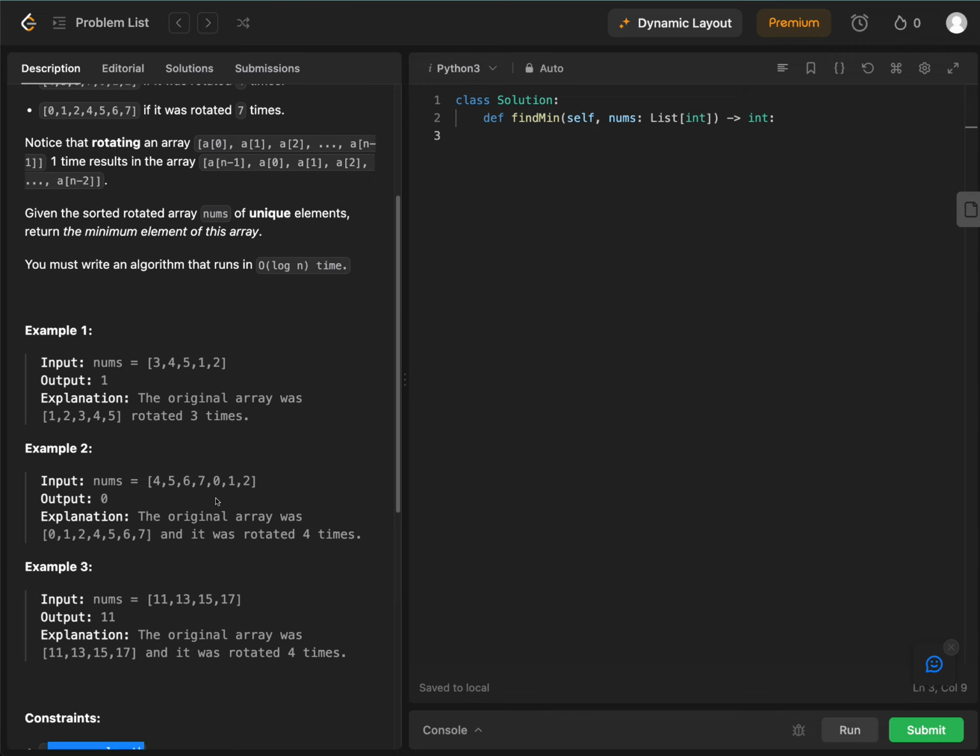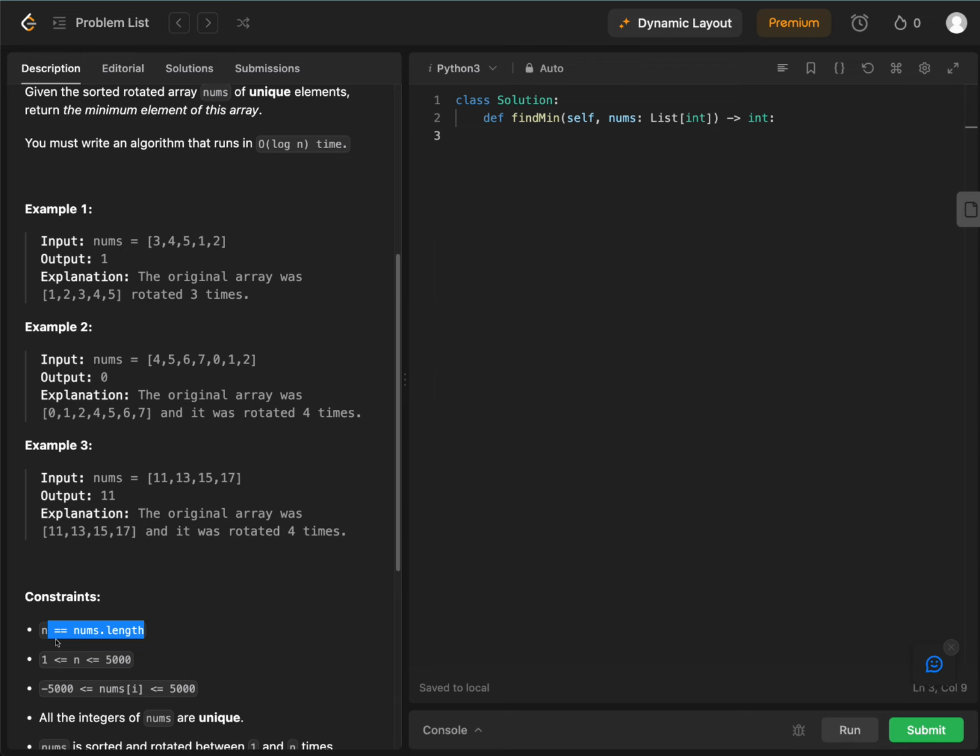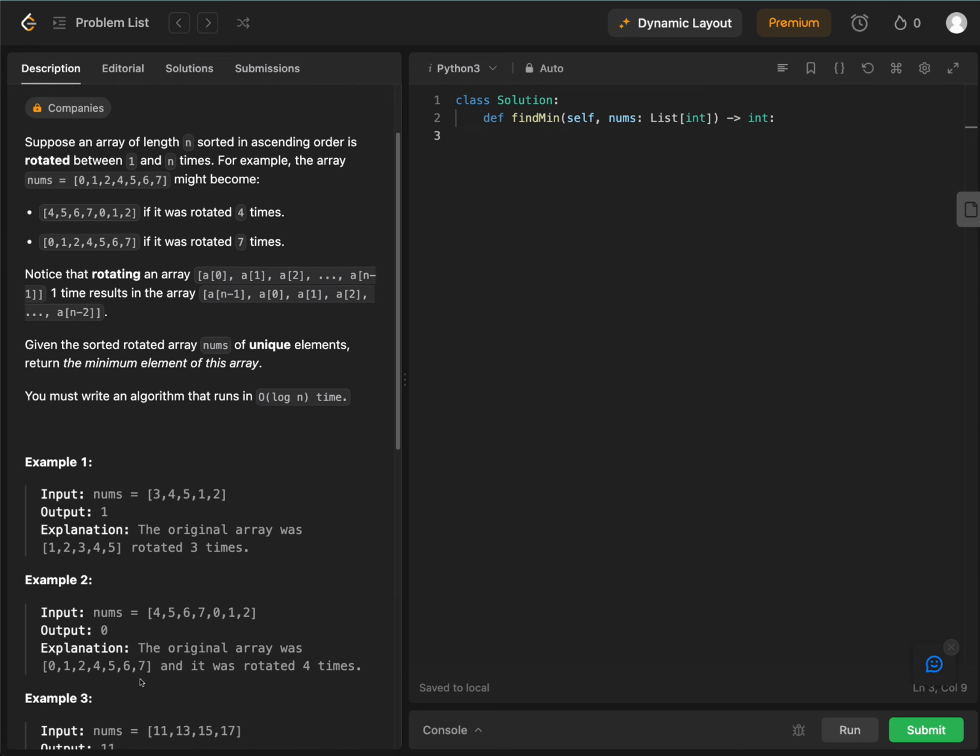So we're looking at this question and we know that n is equal to nums.length, right? Sorry, n is between 1 and 5,000, the length of n.